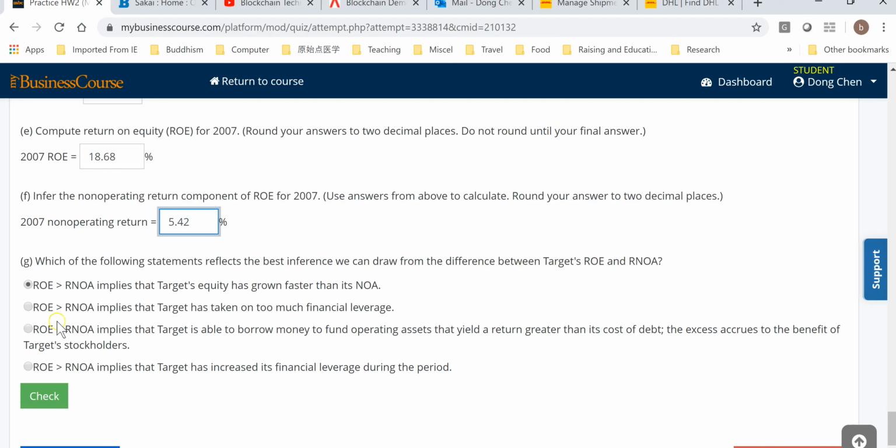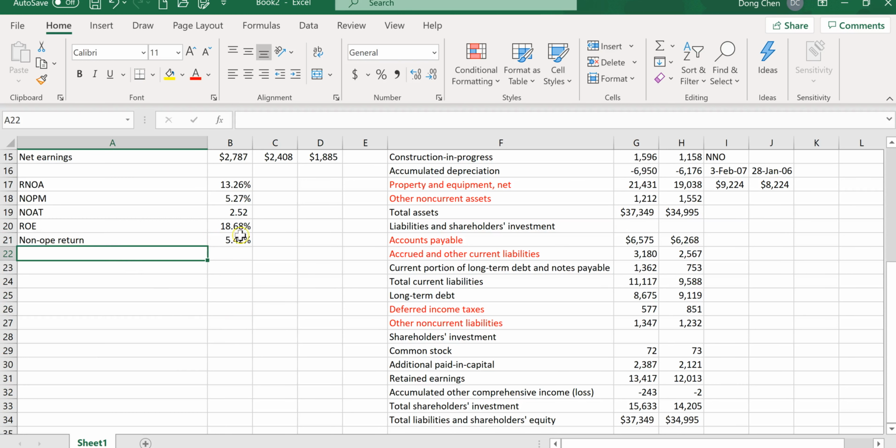So here you can see that all 4 choices say that ROE is greater than RNOA, and that's true, right? Because we just calculated ROE is 18.68%, but RNOA is 13.6%. So ROE is obviously higher. Then we need to understand why ROE is higher, because the difference between ROE and RNOA is basically the non-operating return which is calculated, right?